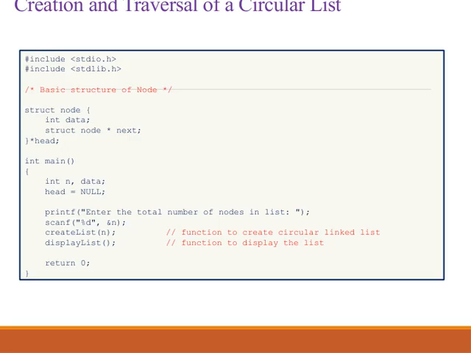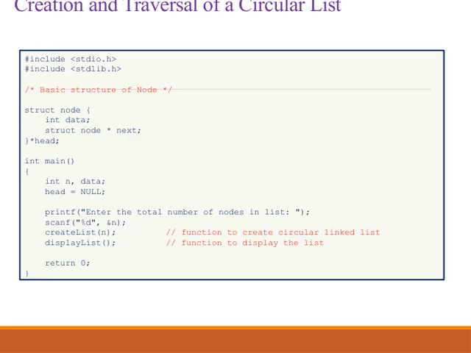After receiving the input, we call the createList function, which is responsible for building our circular linked list based on that number. Once the list is created, we use the displayList function to traverse and display the contents of the list. This process demonstrates how we can efficiently navigate a circular list where the last node points back to the first, enabling continuous traversal without reaching a null pointer.